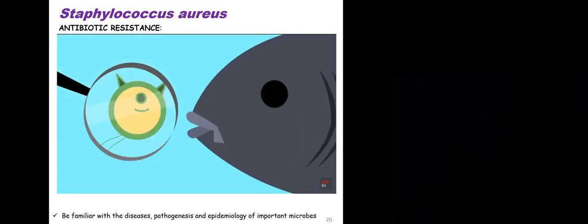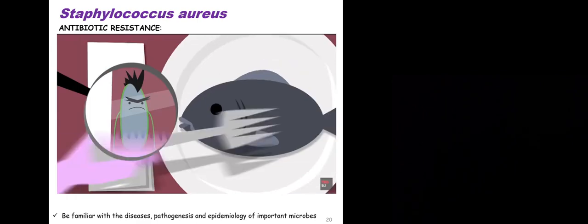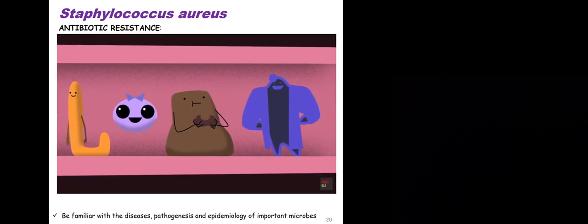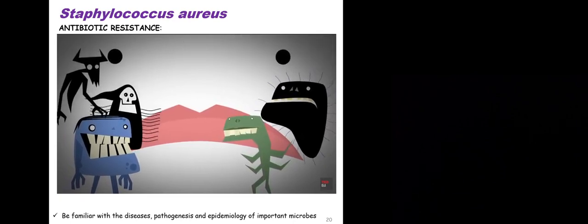On the ground, in the water, on your kitchen table, on your skin, even inside you. Don't reach for the panic button just yet. Although you have 10 times more bacterial cells inside you than your body has human cells, many of these bacteria are harmless or even beneficial, helping digestion and immunity. But there are a few bad apples that can cause harmful infections, from minor inconveniences to deadly epidemics.